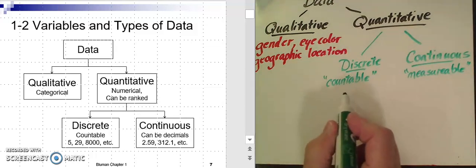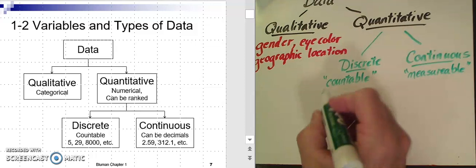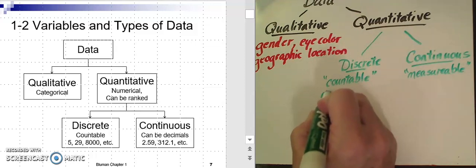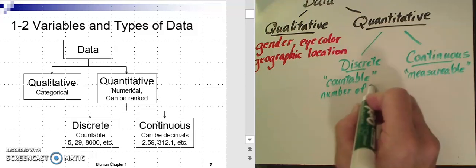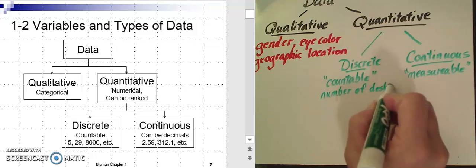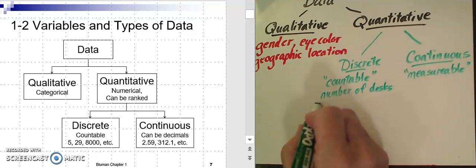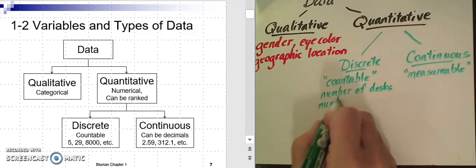Examples of discrete would be things like the number of desks in a room, or the number of students on the roster.